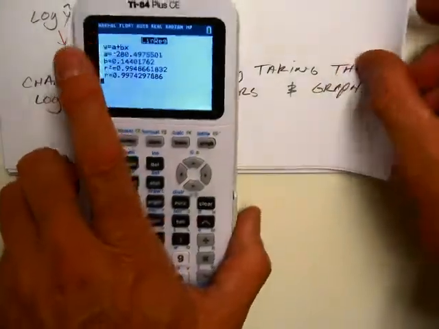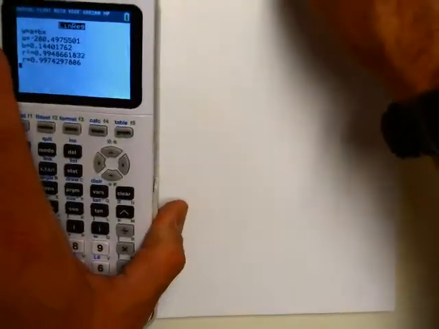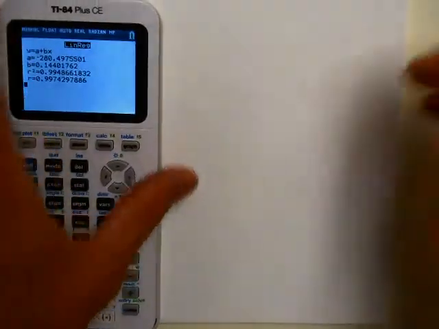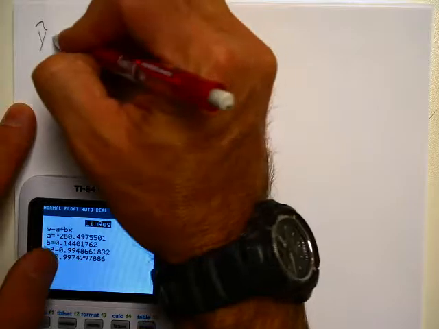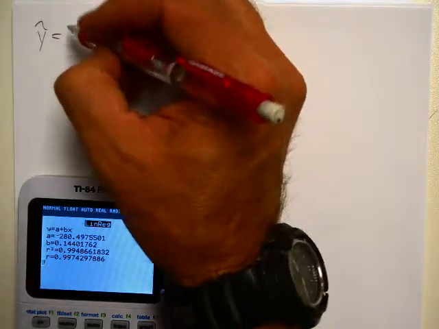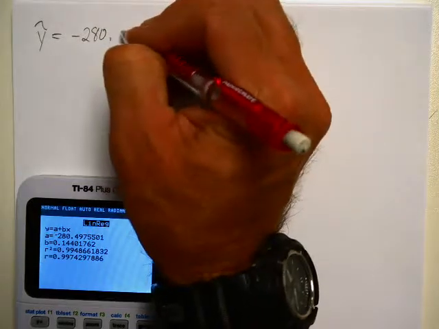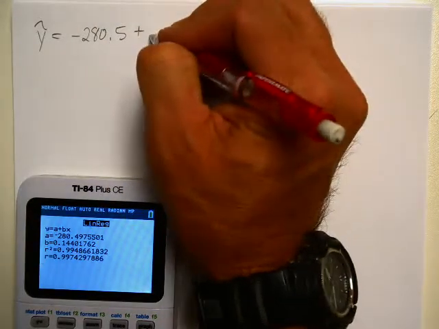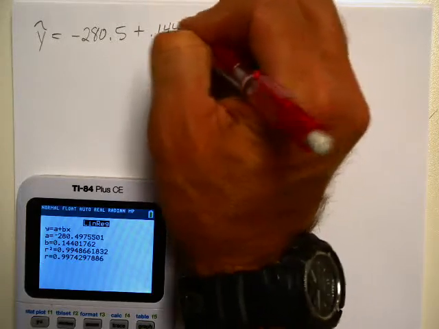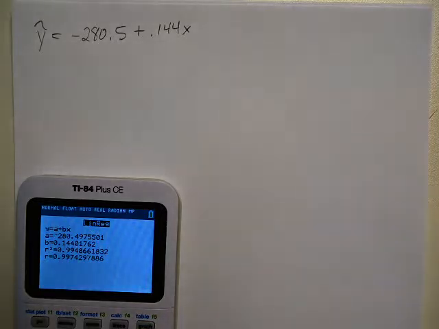And I'm going to write some of this stuff down and then draw a quick graph when I get it. So now I have y hat equals negative 280, about 0.5, plus 0.144x, give or take a little bit.